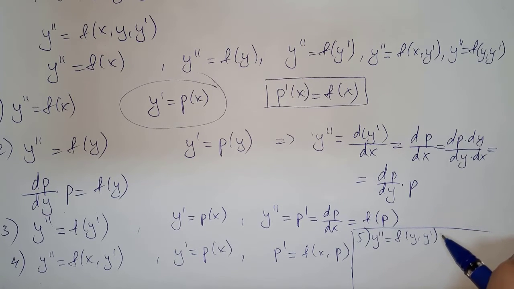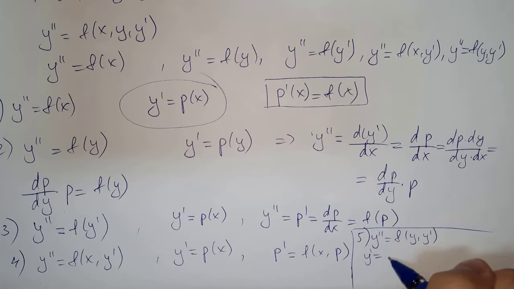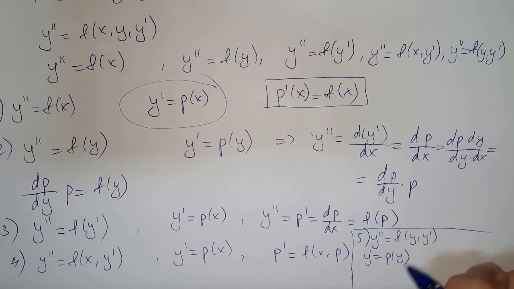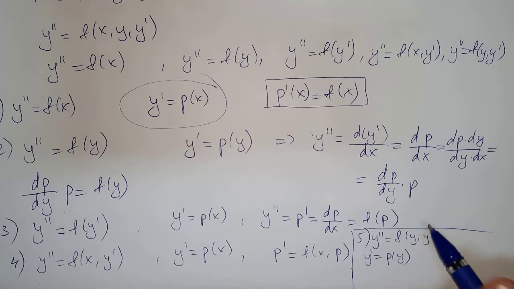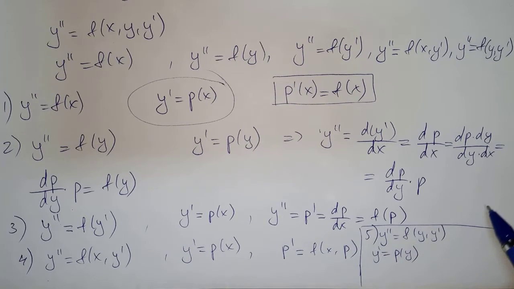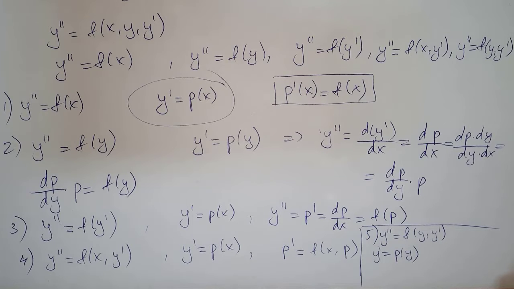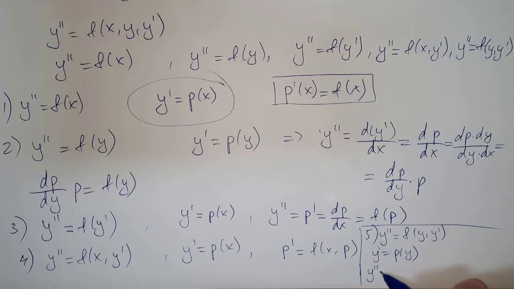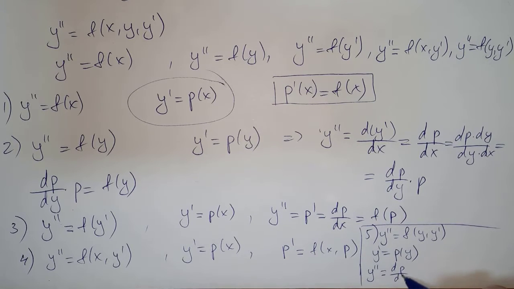So setting y prime is p of y, and I said this is similar with the second case, and we can write here just y double prime is dp over dy times p, and it's equal to f of y and p.